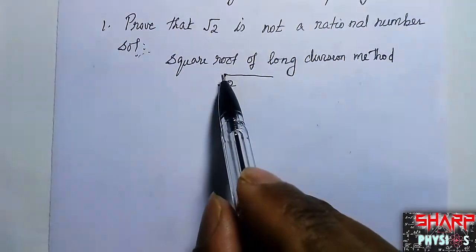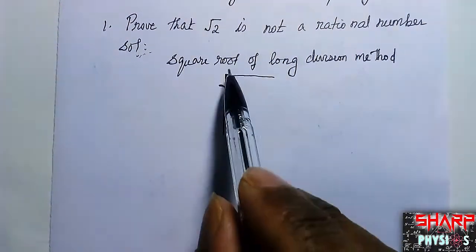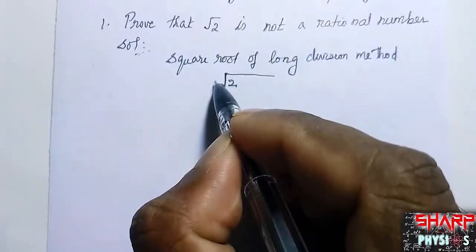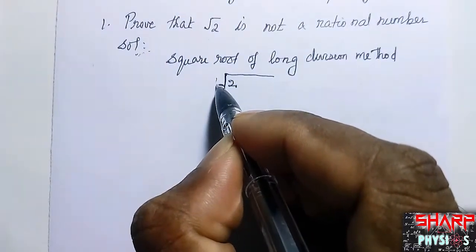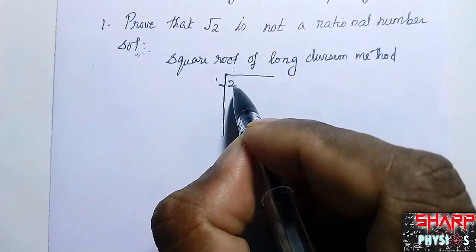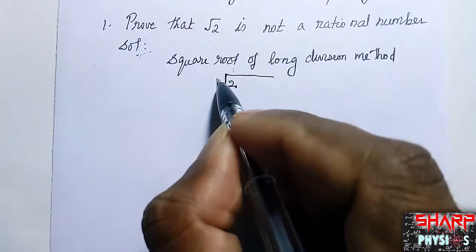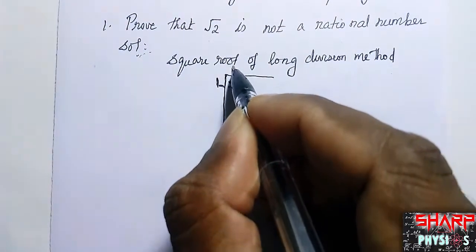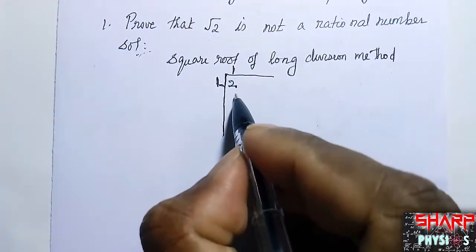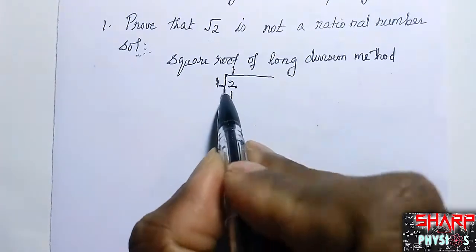Put an L shape in an upside down direction. What you write at the last, you have to write at the top. If you write here 1, you have to write here 1. So 1 into 1, you get 1.